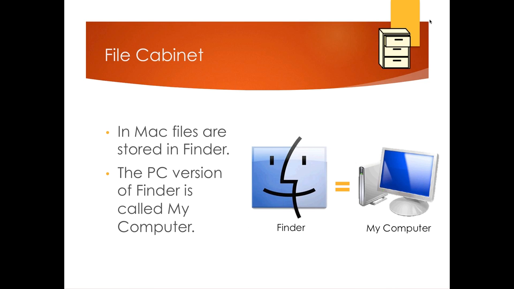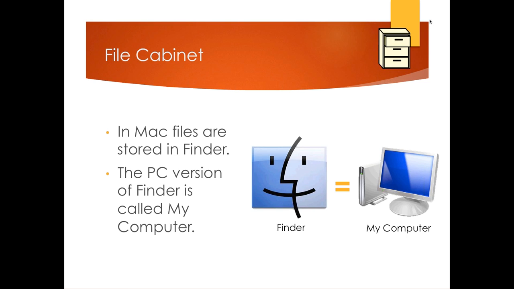All right, so the next thing that you've got in your office: let's say you've got files on your computer and you realize, okay, I don't need all these on my computer. You put them in your file cabinet, right? So in the Macintosh environment, the file cabinet is basically called Finder. You can see the little icon there.